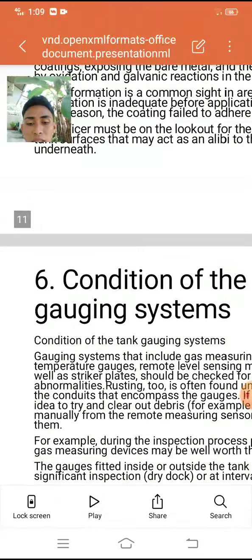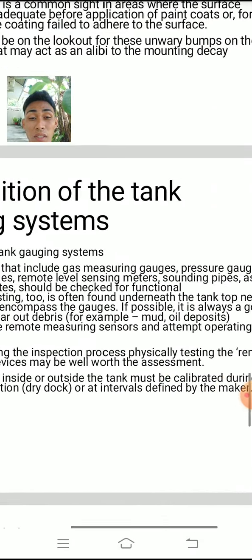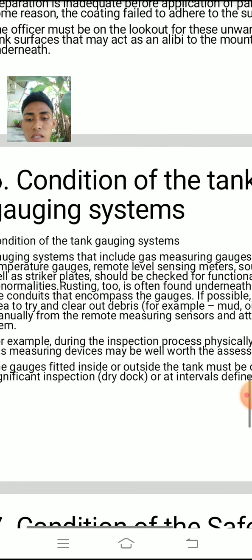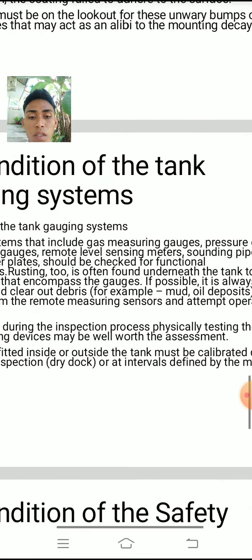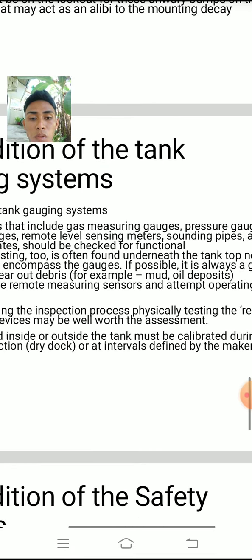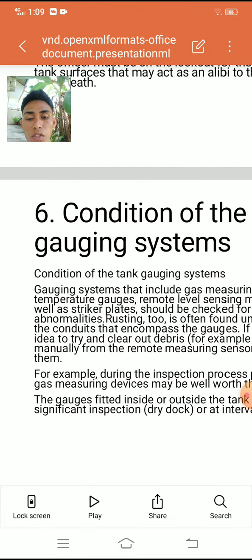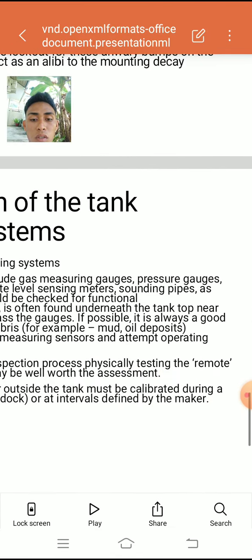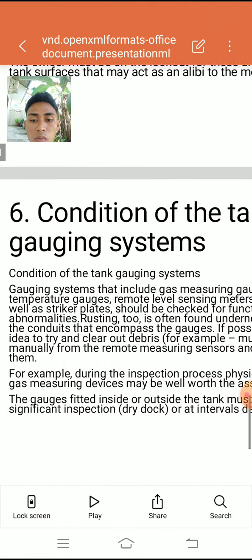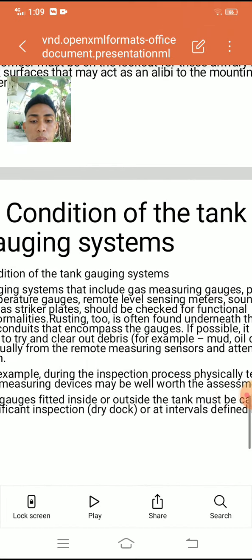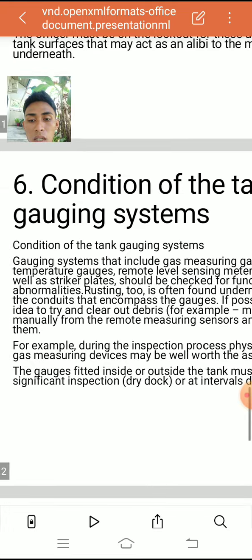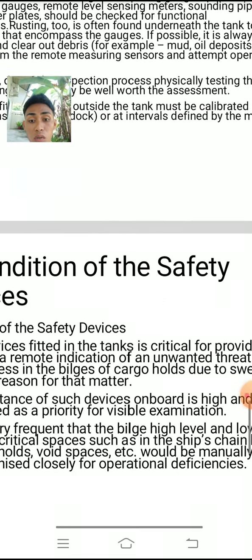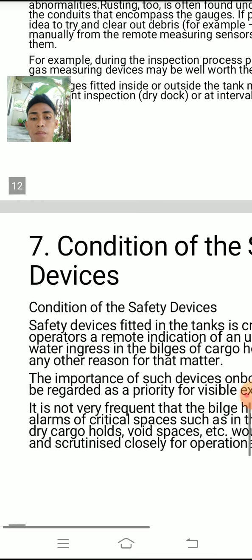Number six, condition of the tank gauging systems. Gauging systems that include gas measuring gauges, pressure gauges, temperature gauges, remote level sensing meters, sounding pipes, as well as striker plates should be checked for functional abnormalities. Number seven is the condition of the safety devices.